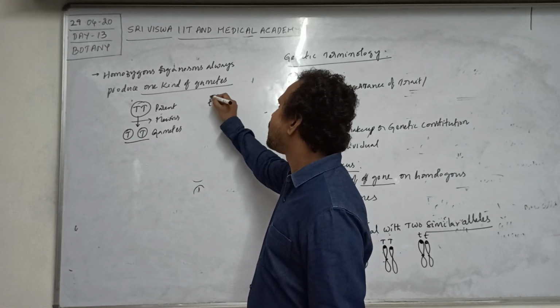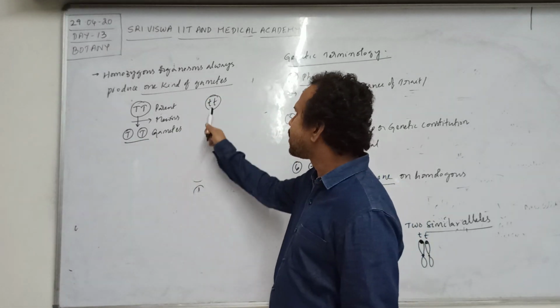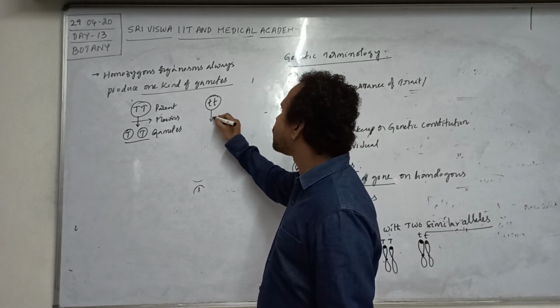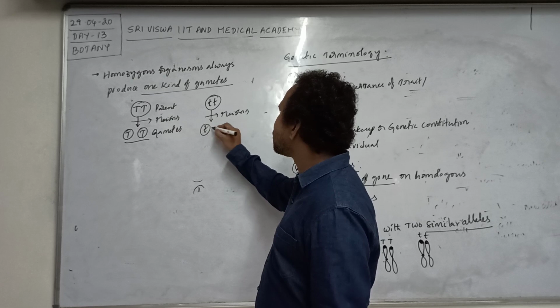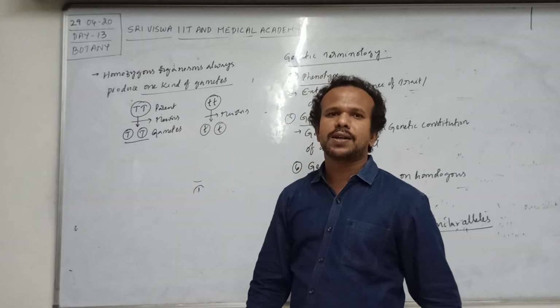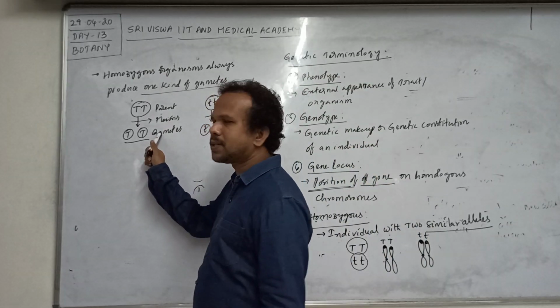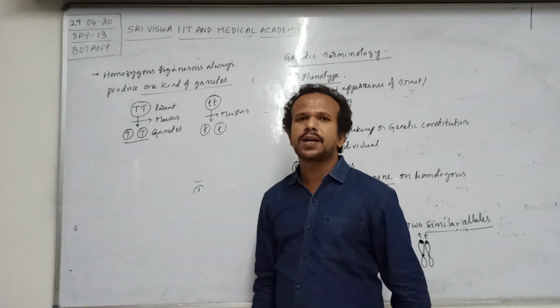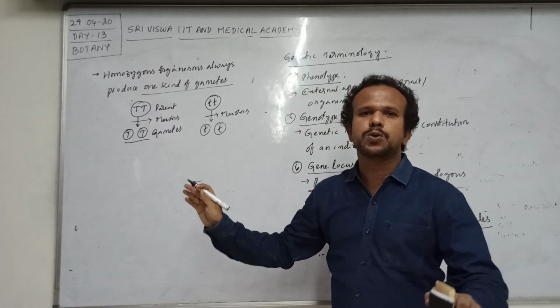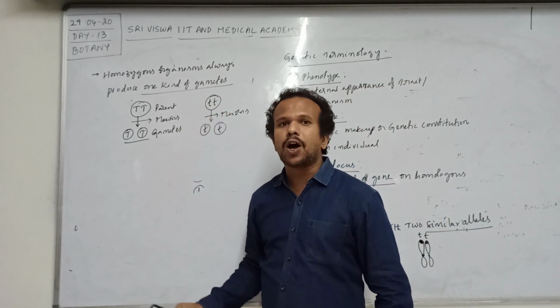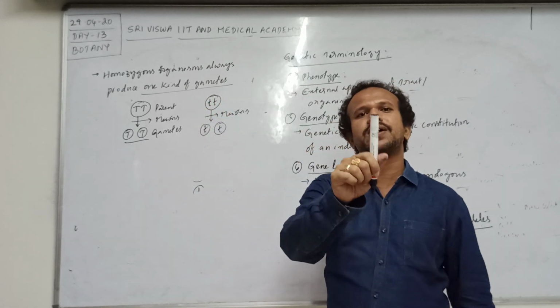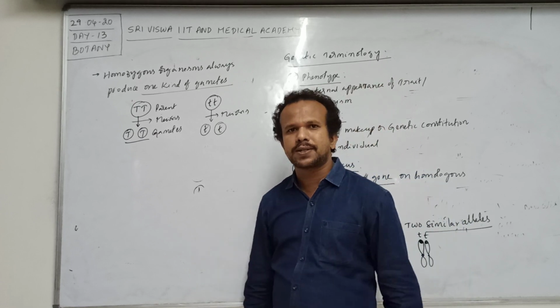For example, another individual having small t genotype, whenever meiosis occurs here, it results in the formation of gametes with small t allele. Here all the gametes have capital T allele. Here all the gametes have small t allele. I mean, a homozygous individual produces how many types of gametes? Only one kind. I mean, similar gametes.